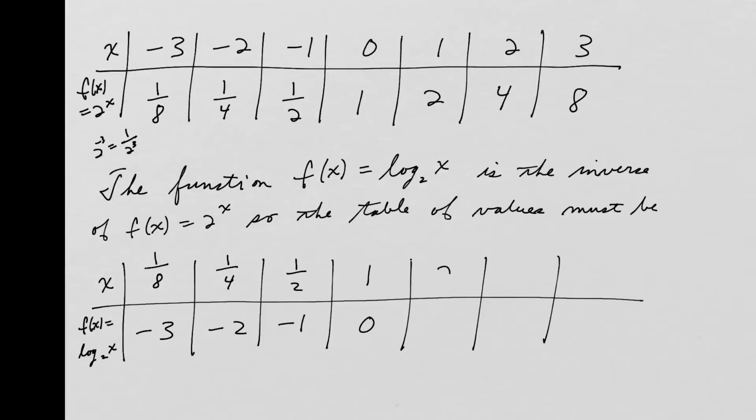If this is 2, the log base 2 of 2 is 1, right, which we know. If this is 4, this is going to be 2. And if this is 8, this is going to be 3. Okay. Do you guys see that, right? Because they're inverse functions, the input and outputs are going to exchange roles, basically. That's another way of saying it.